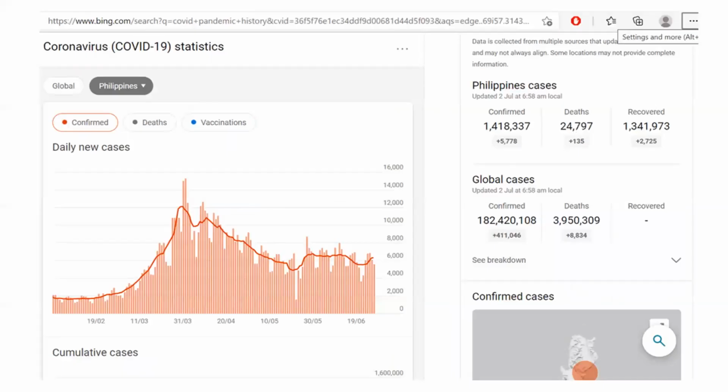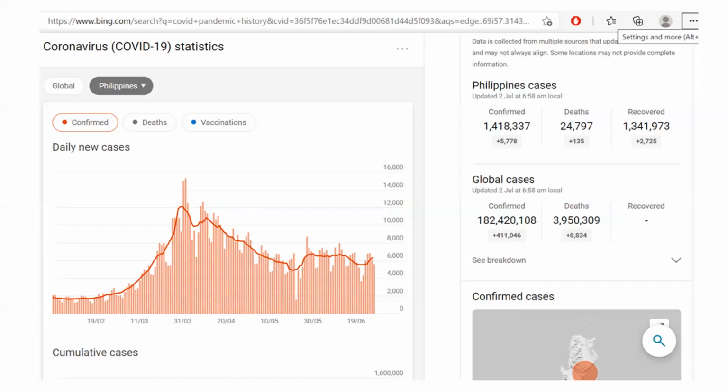In the Philippines, as of July 2, we have reported confirmed cases of around 1.4 million and deaths of around 24,800. And we have been informed all along that we are already in the second wave and have managed to maintain our daily cases.